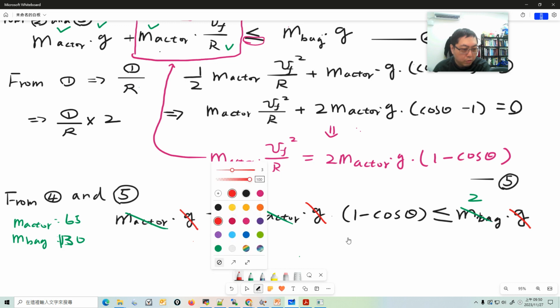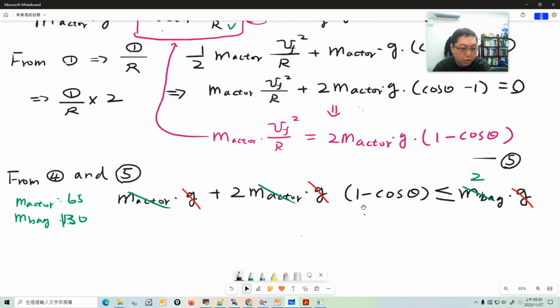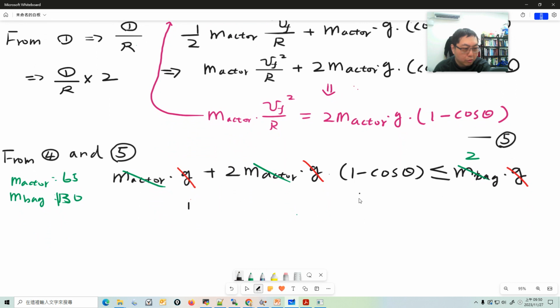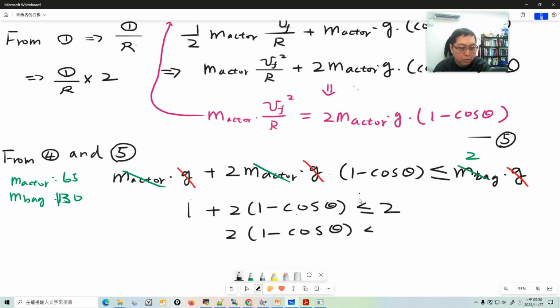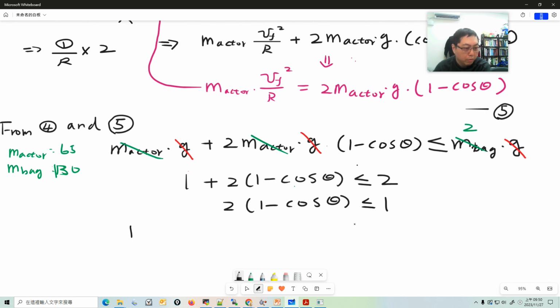So the final equation is, let's see if the result is right. It's 1 plus 2 minus 2 cosine theta equals root 2, so 1 minus cosine theta equals 1 over 2.